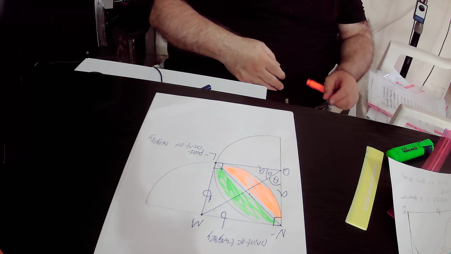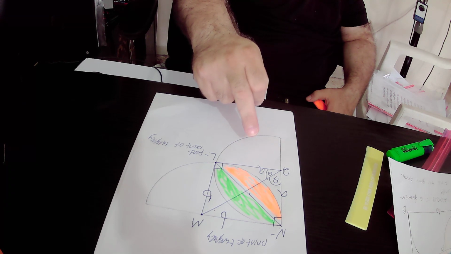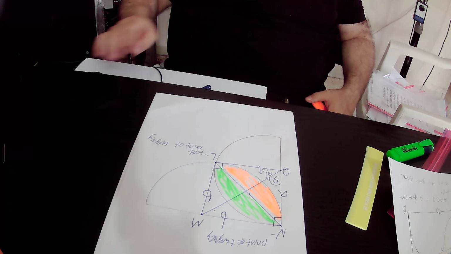So in the second step, we will find the area of the lower circular segment in the orange color.